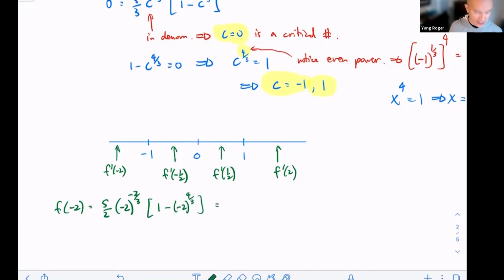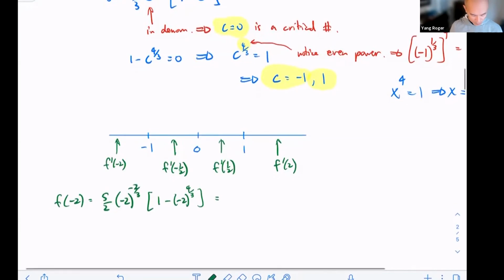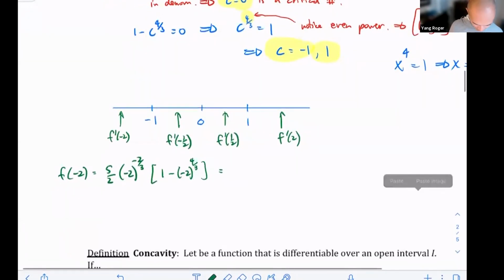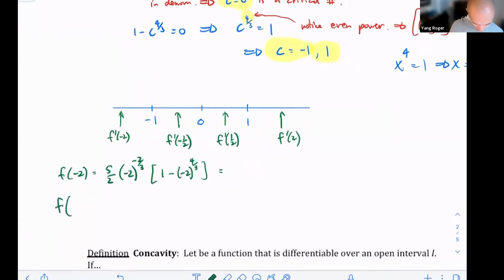And then you could calculate what number that is using your calculator. We could do the same thing with f of -1/2: 5/2, -1/2 to the -2/3, 1 minus -1/2 to the 4/3.